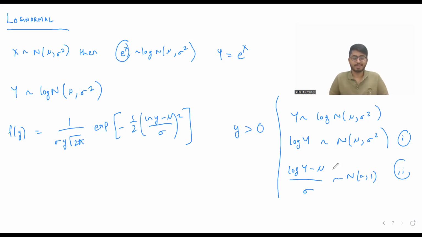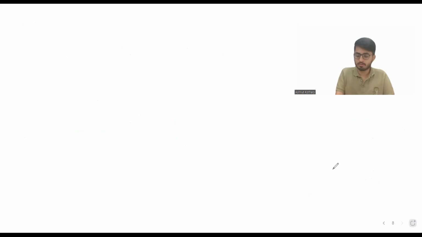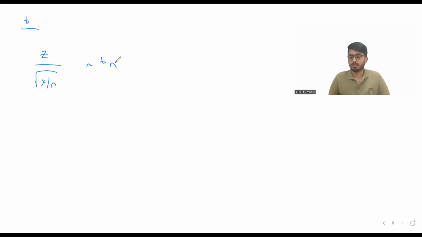Right now, if X, capital X, has a chi-square n distribution, and Z, capital Z, has a standard normal distribution, can directly write Z follows normal 0, 1, and X and Z are independent, then the quantity Z divided by root under X by n follows a Tn distribution.